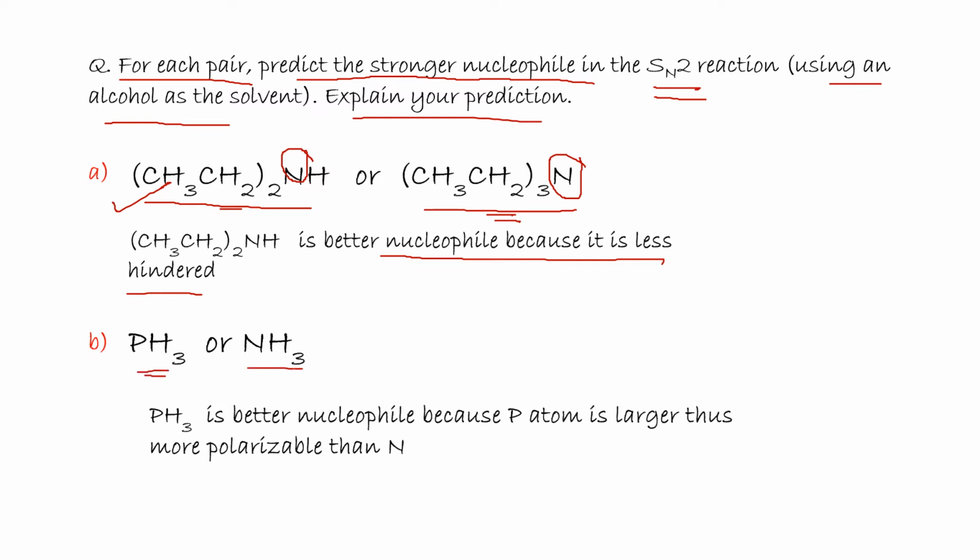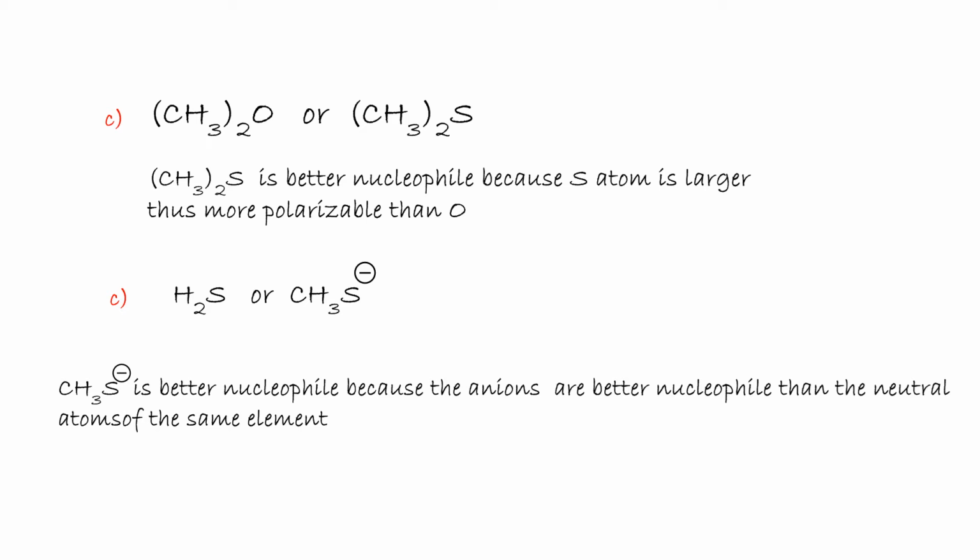PH3 or NH3. PH3 is the better nucleophile because the phosphorus atom is larger and thus more polarizable than nitrogen. Dimethyl ether or dimethyl sulfide.